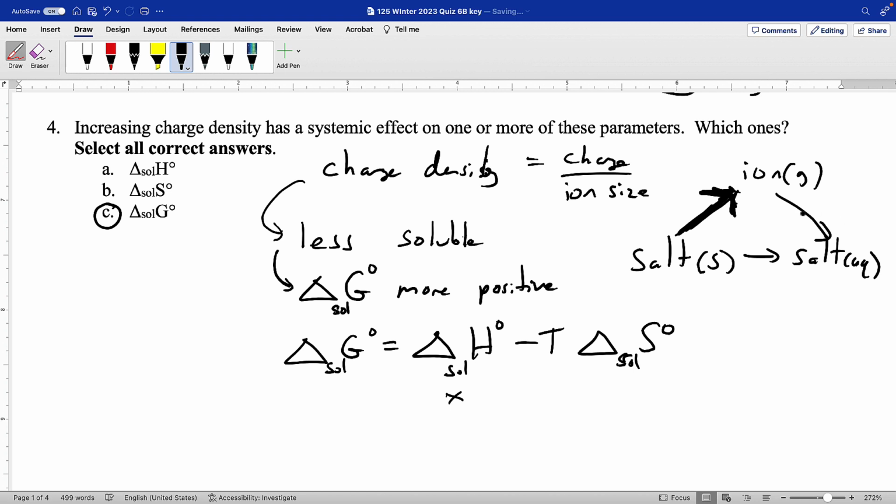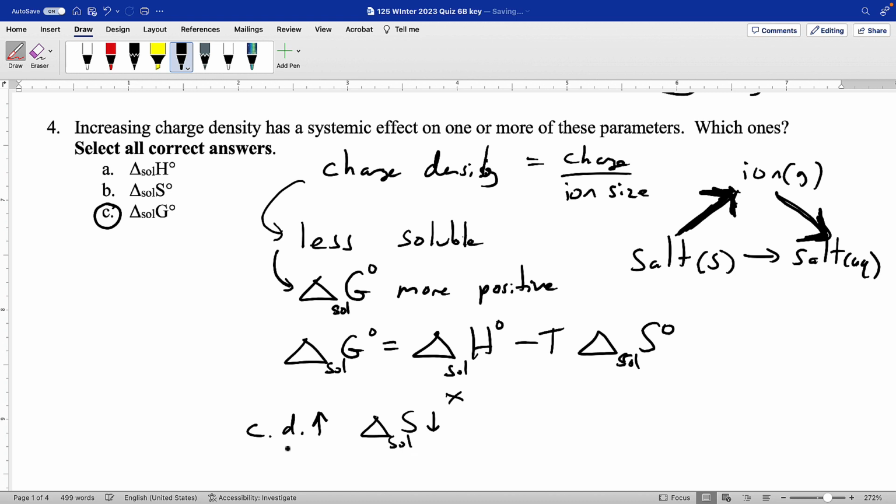The second step here, you're going to be decreasing entropy because, first of all, the ions don't move as much when they're in the water as they do in the gas phase, but more importantly, we're orienting water molecules around each of the ions. And that orientation effect is strongly driven by charge density. So if we increase the charge density, delta S is going to get either less positive or switch from positive to negative or get more negative.